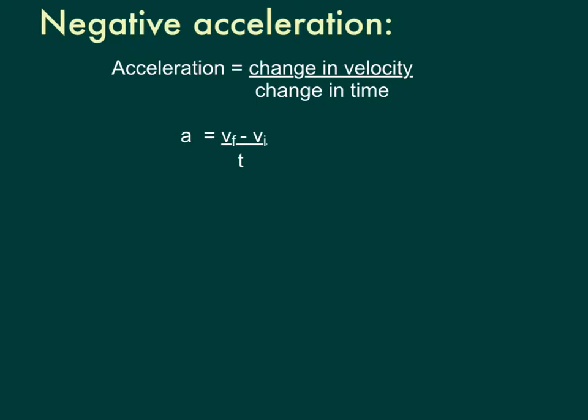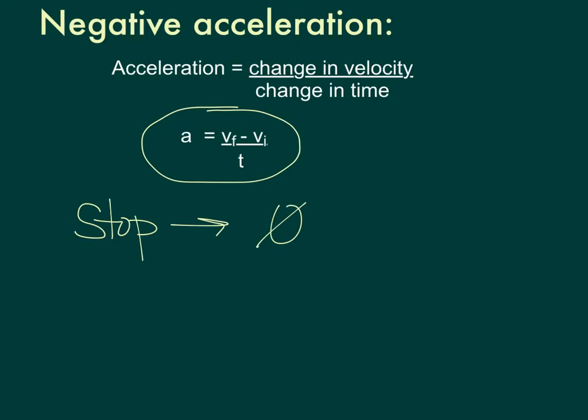To calculate acceleration, we take the change in velocity divided by the change in time. You've seen this before. As an equation, we say that A equals VF, meaning final velocity, minus VI, meaning initial velocity, and divide that by time. Whenever something is coming to a stop, that means the velocity is going to be 0.